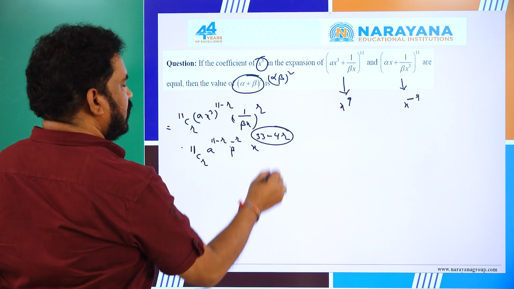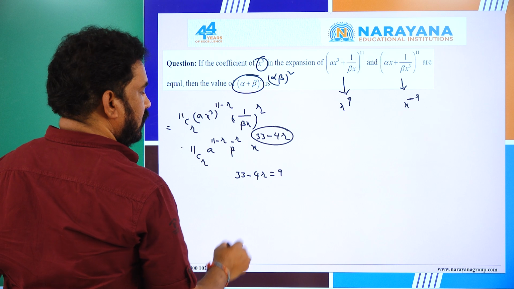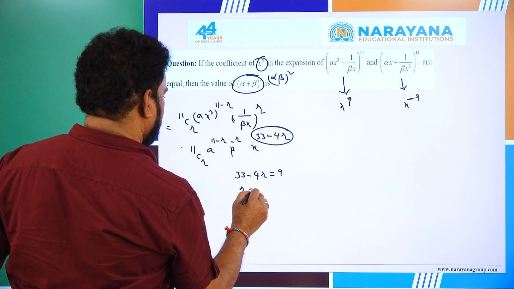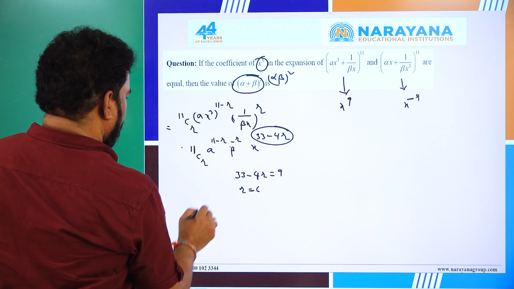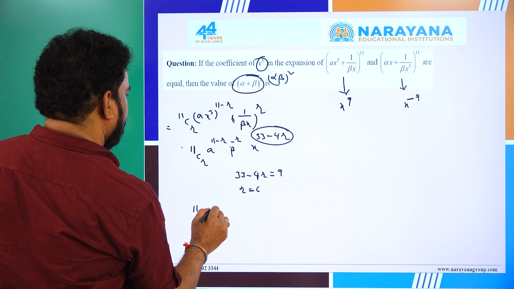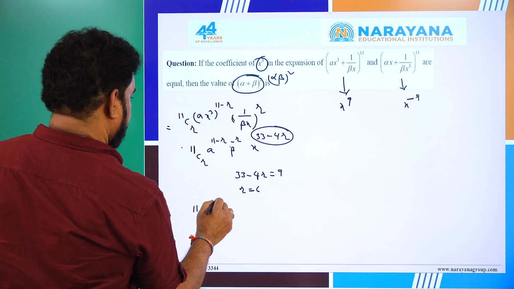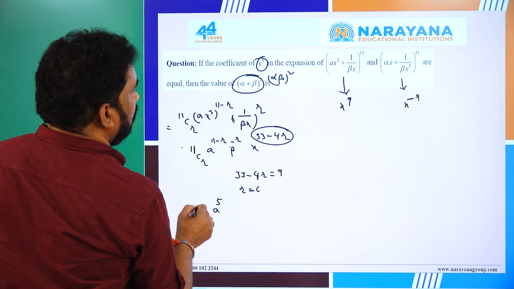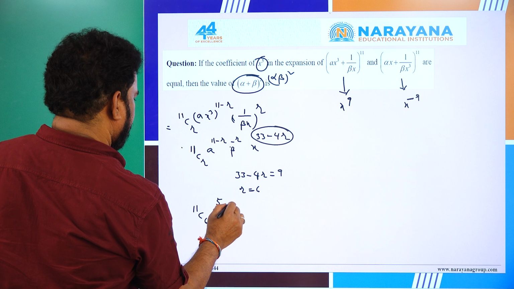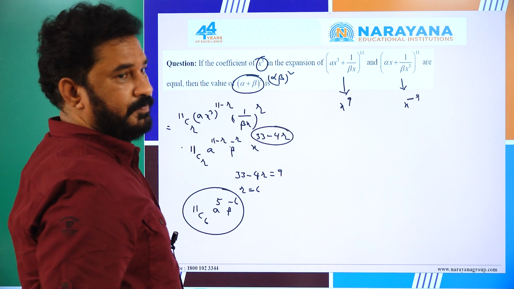To get the x power 9 coefficient, we equate 33 minus 4r equals 9. From this, 4r is 24, so r is equal to 6. Then the term is 11C6 a power 11 minus 6 into beta power minus 6. This is the x power 9 coefficient.